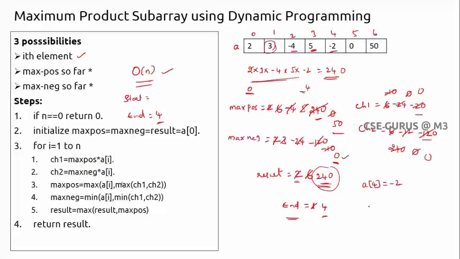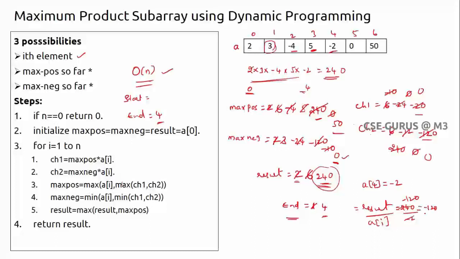Okay, so now you have a formula: the result you got divided by A of I, where I starts at end and every time it will decrease. You can see the result 240 you got, divided by -2. So you will get the answer as -120. You have to divide like this until you get the answer as 1.